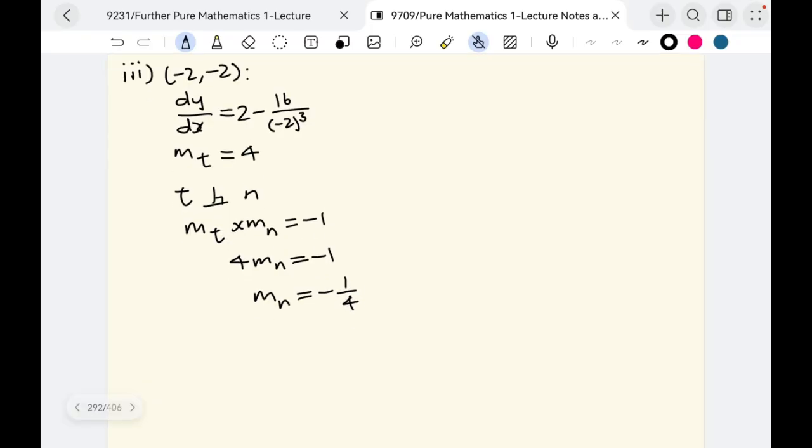For the point negative 2, negative 2, it is y plus 2 divided by x plus 2. Why? Because of y minus 2, and for the x as well. Okay.